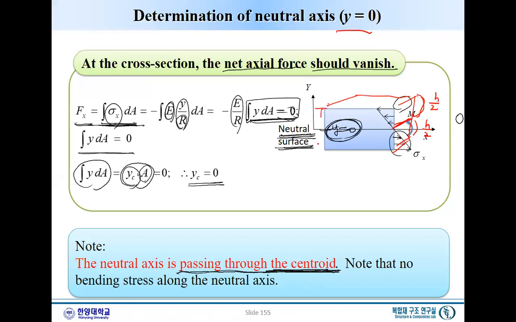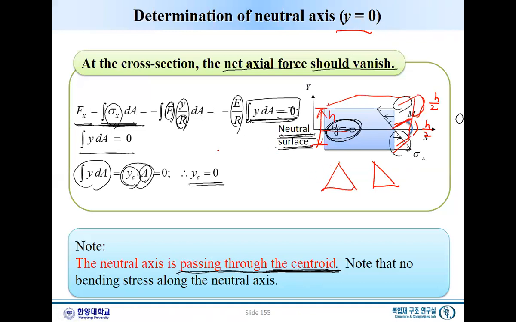I mean, total, say h. And for the rectangular, it's easy to find the position of y equals 0. But how about the other cross sections like a triangle or some other things, and some cross section in general? How do we decide it?